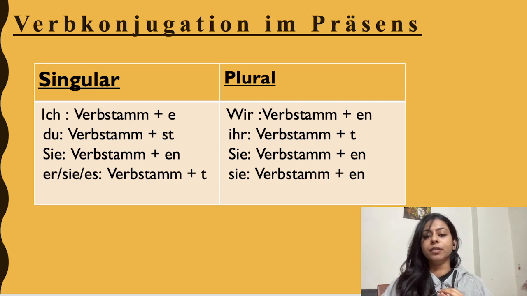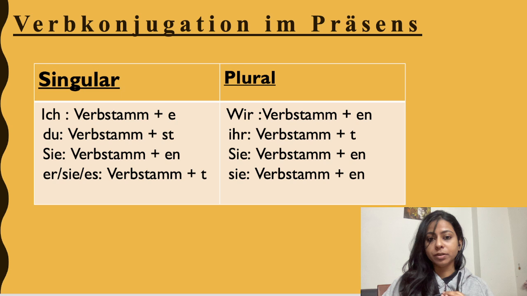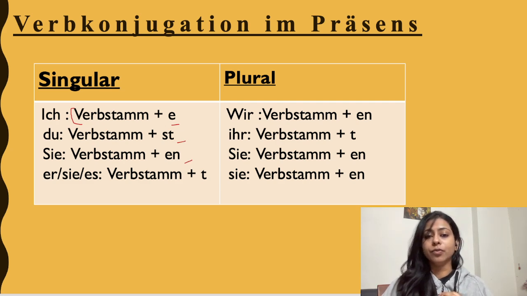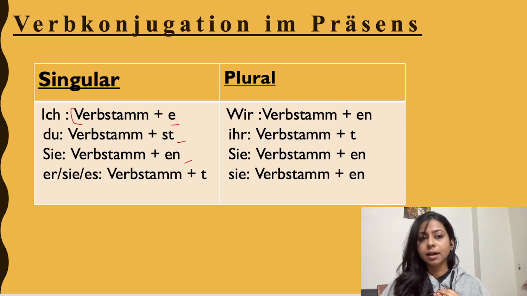Singular: ich, verb stem plus e. Here on the left side would be the verb stem, and these are the endings. So ich is verb stem plus e.